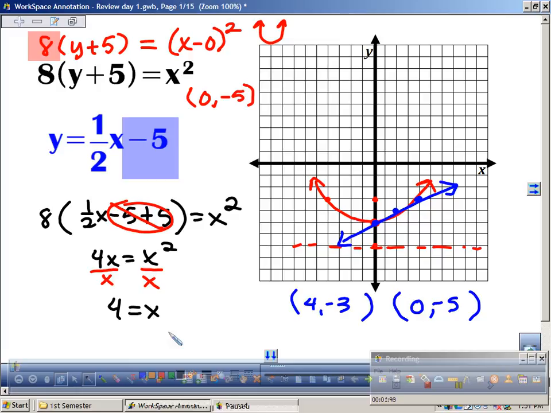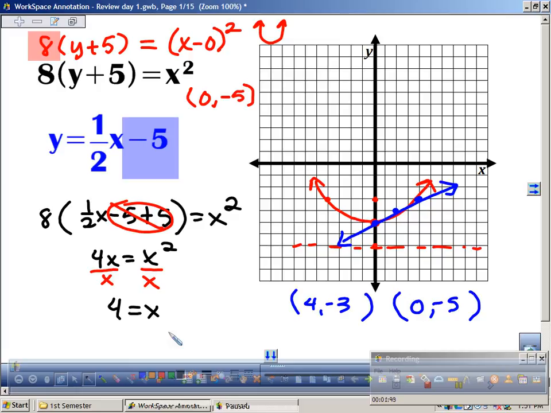You can't divide by x. Why? Why can't I divide by x? 4 equals x squared, right? So right now, I only have one of my solutions, right? X equals 4.